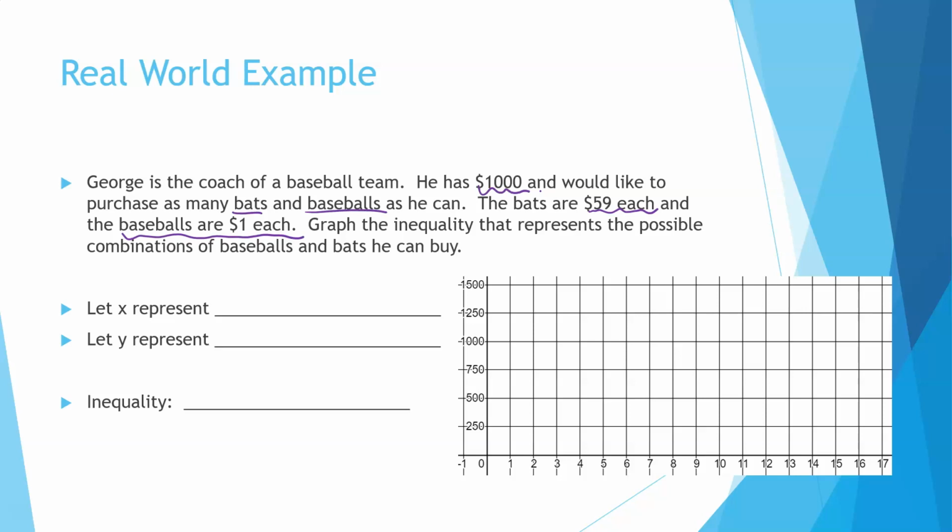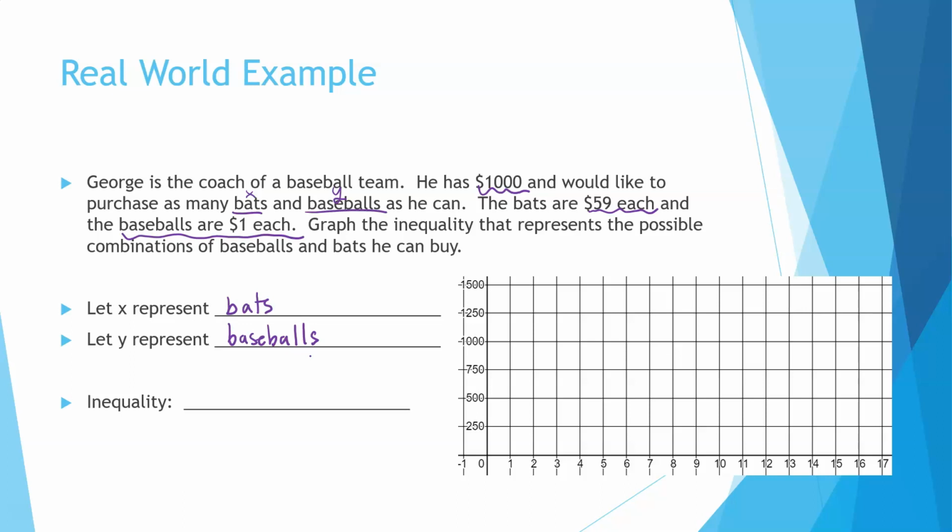Having said that, then she said, okay, the next thing is we have to figure out our variables. The two things we're talking about here are the bats and the baseballs. So I'm going to let my x represent bats and my y represent baseballs. Now, there's only one inequality here. We did systems of equations where you had to write two equations, which made it a little more tricky.